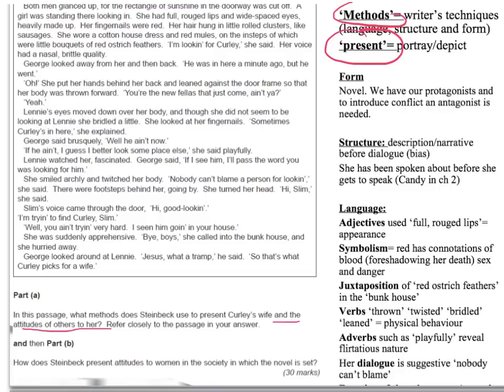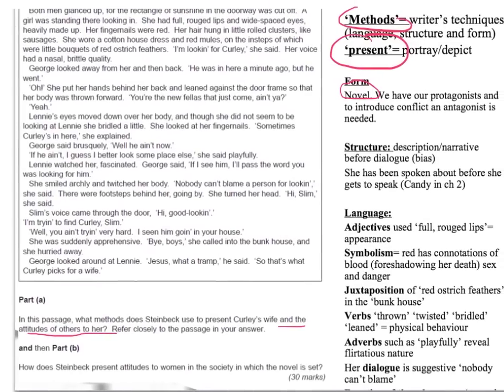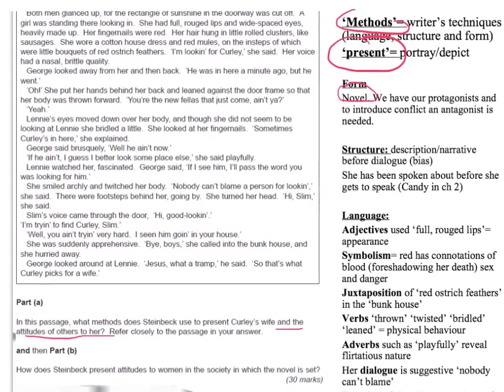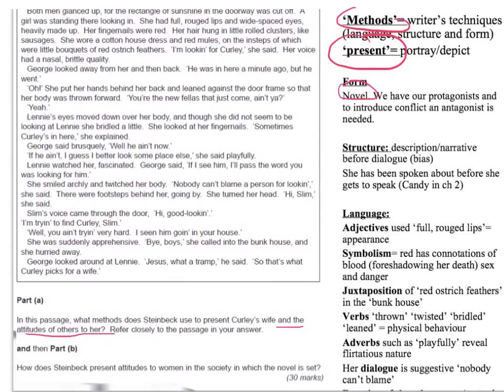So I would expect students to be focusing on elements to do with the fact that this is a novel. In terms of structure, at the top end, what would I be expecting to see? Well, I'd definitely expect students to explore the fact that she's described well before she speaks, and that therefore a good deal of bias is created through that.